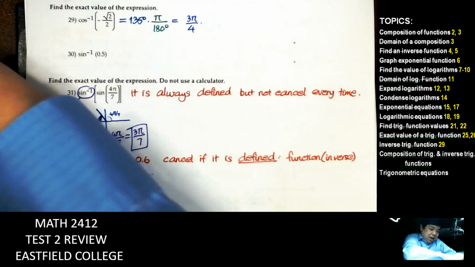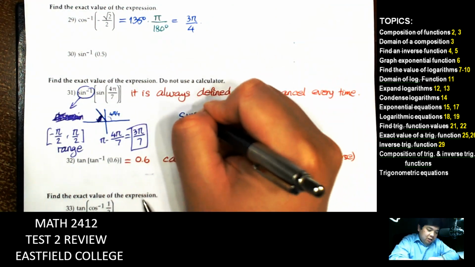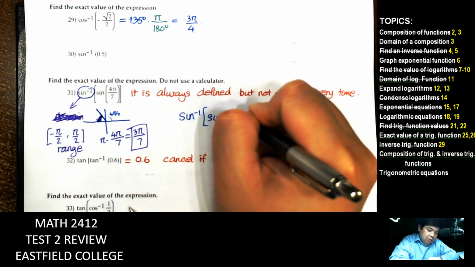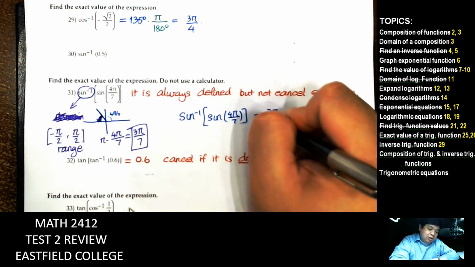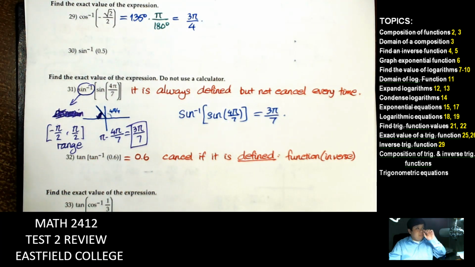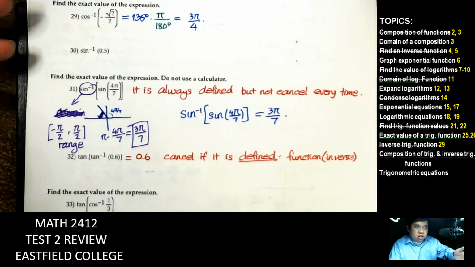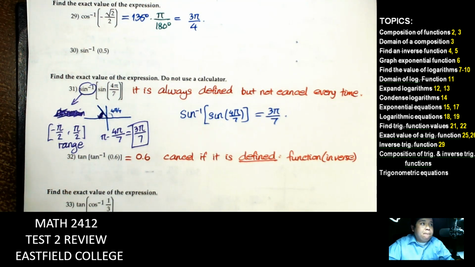And that's why when we cancel this, it does not cancel, but it will give us the reference angle. Because both the sine values are going to be positive, so we just use the reference angle. And that is 3 pi over 7.